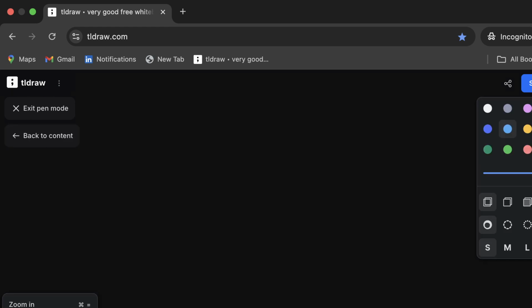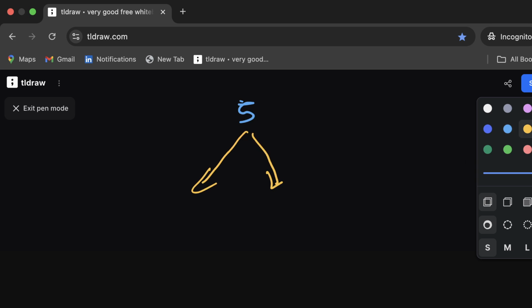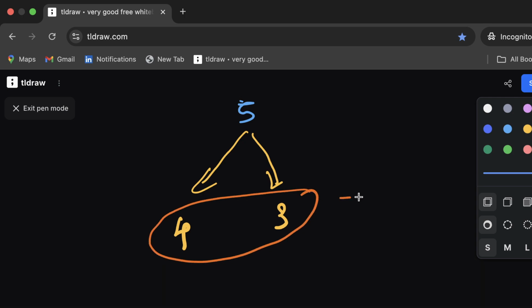For example, at 2 power n, for example I was doing for 5. For 5, every time I need to check for the previous two. For example, the Fibonacci series: if it's for 5, then I need to check for 4 and 3. So at each level I'm going to be checking two things.